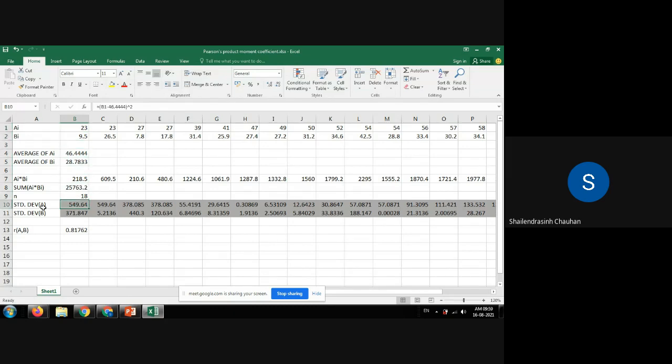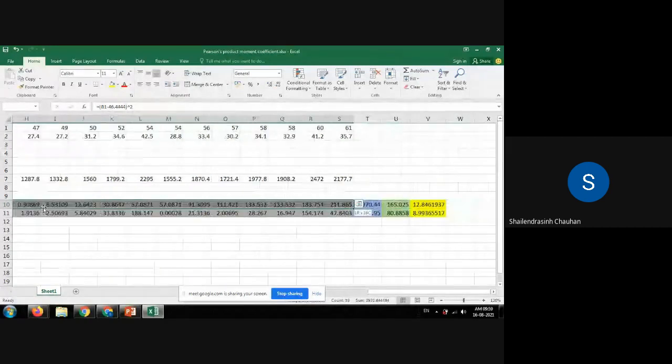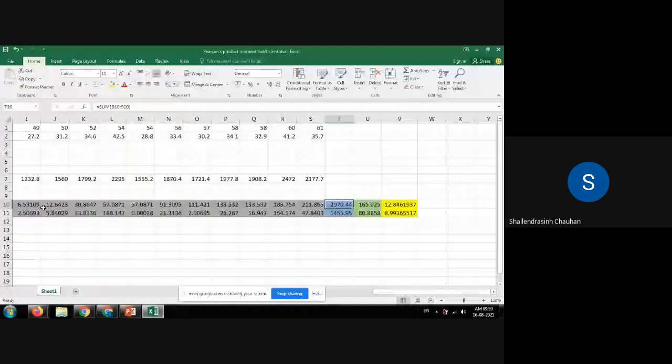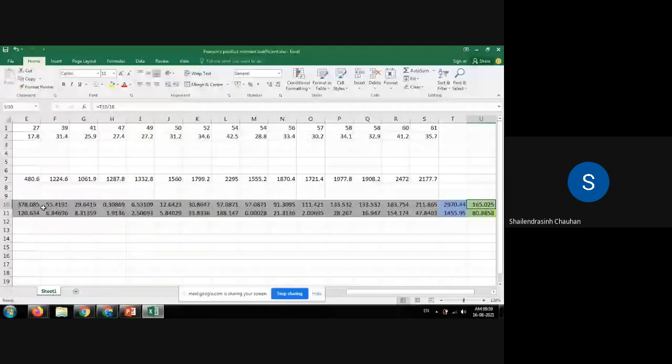A1 minus A bar whole square, A2 minus A bar whole square, A3 minus A bar whole square. And this way you can find out for all these values, and then find out the sum of all this, then divide it by n.